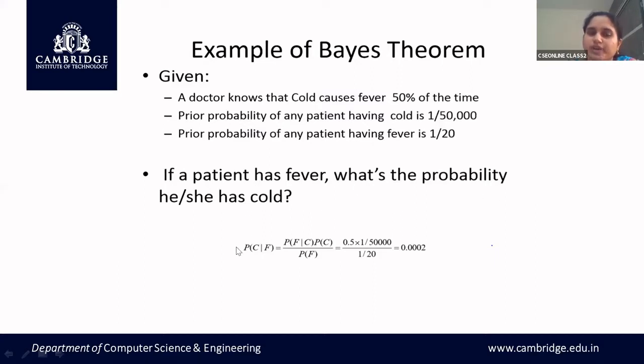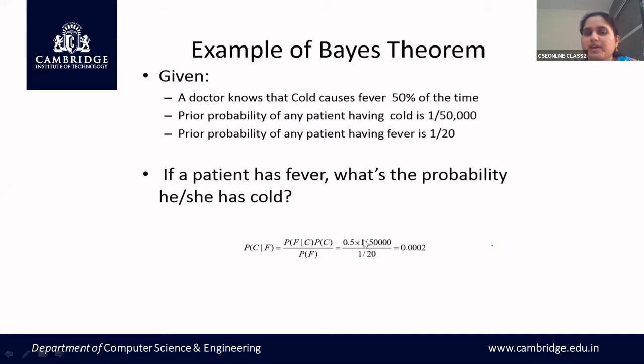So what we have to find? We have to find the posterior probability of cold with respect to fever. So this can be calculated by knowing the prior probability of having cold and prior probability of having fever multiplied by the posterior probability. So it is 50% of the time, which is nothing but 50 by 100, which is half or 0.5.